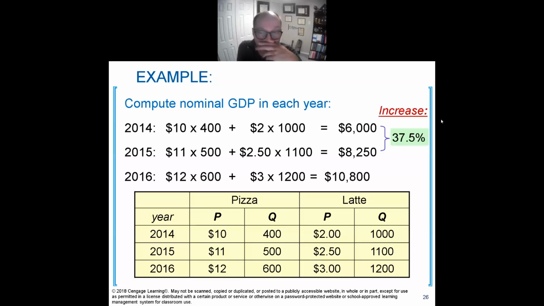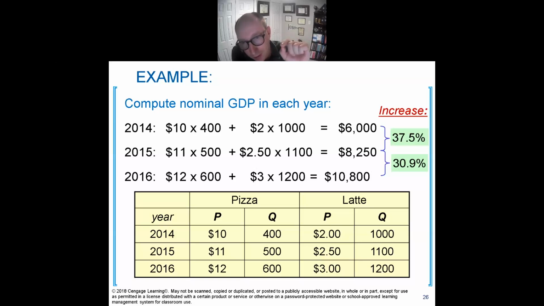We saw an increase from 2014 to 2015 of 37.5%, and from 2015 to 2016 of 30.9%. Here's how we get the percentages. The way we get the percentages is we take the new year minus the old year, divided by the old year.